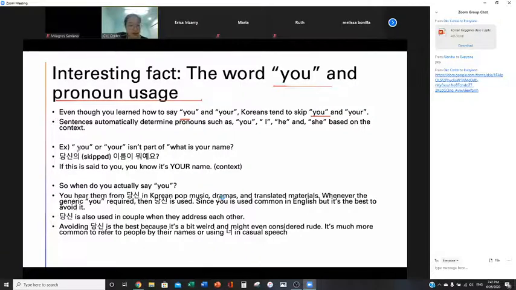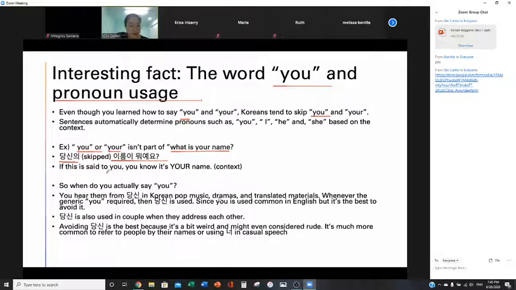So for example, "you" or "your" is part of "what is your name." Usually when you learn about pronouns, you use 당신의 이름이 뭐예요? 당신 is "your" in a polite way, right? So, "what is your name?" 이름이 뭐예요?